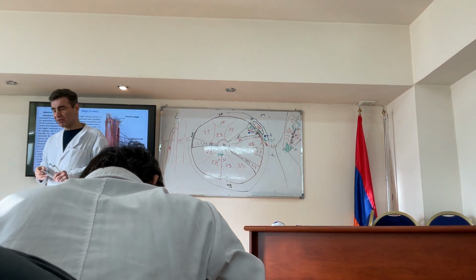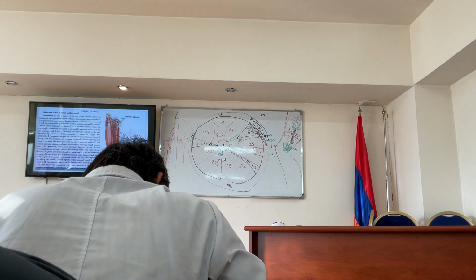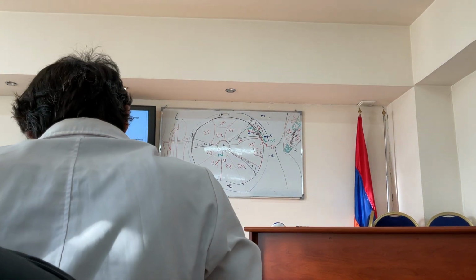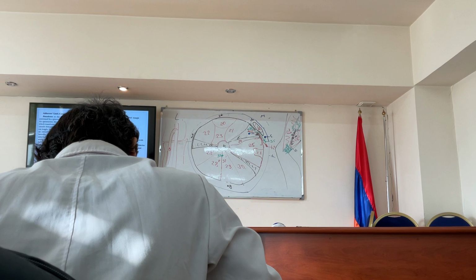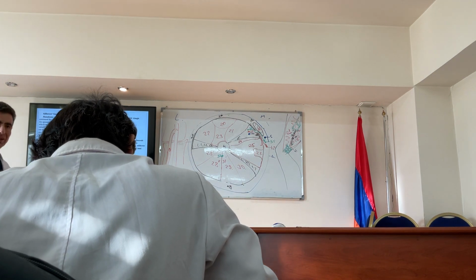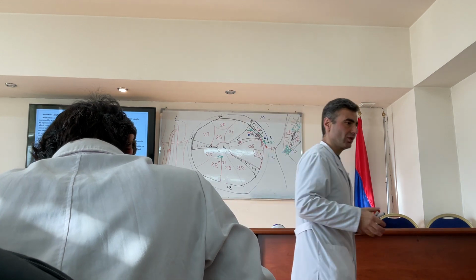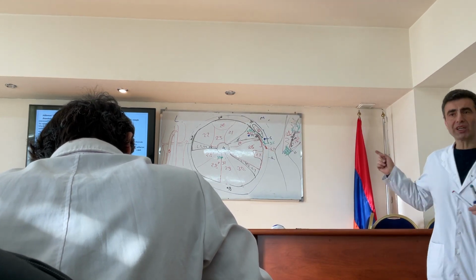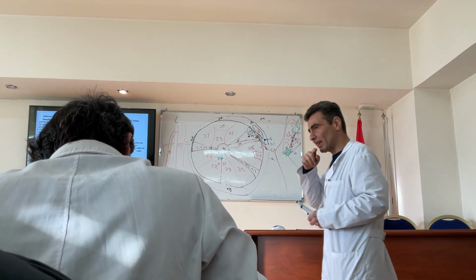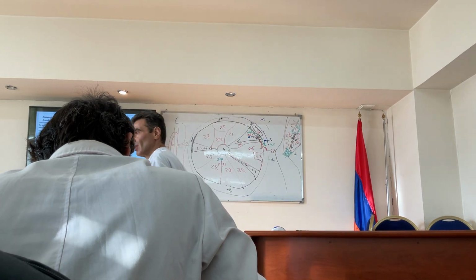Write the name of this 42, it is arteria genu descendens. Arteria genu descendens. That's why nervus saphenous leaves the space, not alone, but together with an artery, which is called arteria genu descendens.